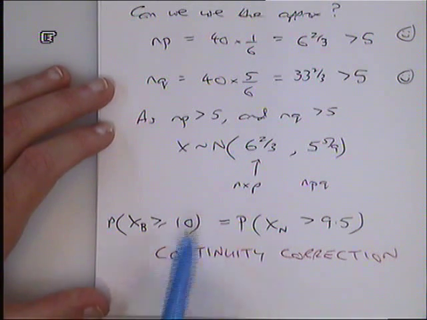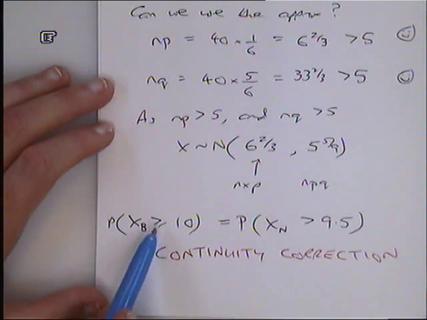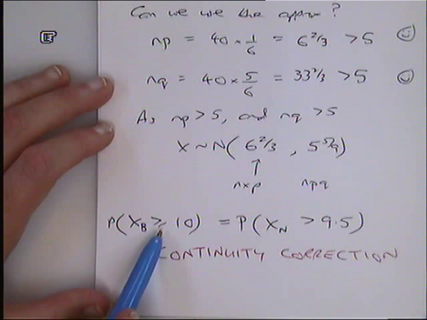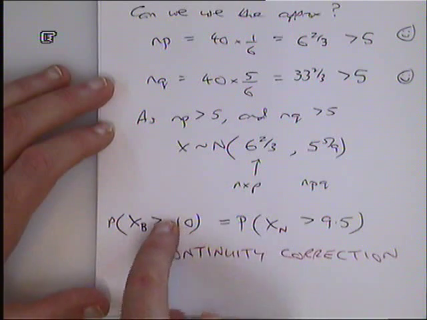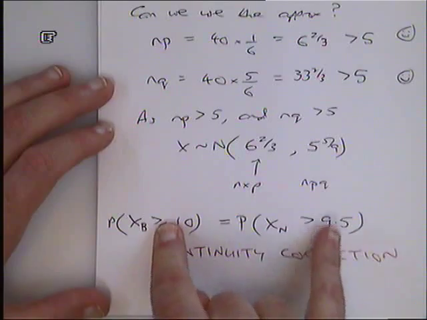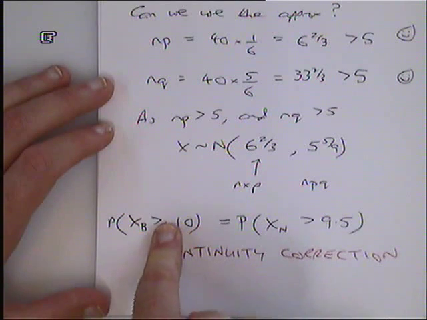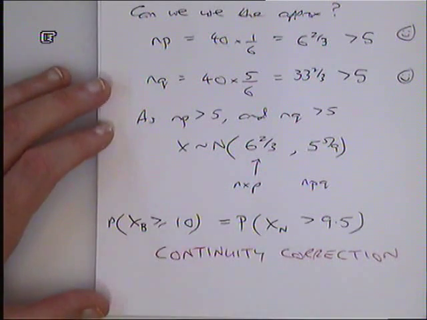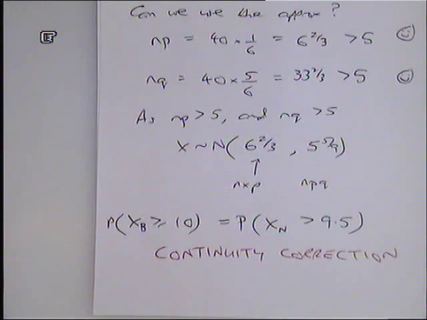And it depends very much whether there's an extra line on this bar here, because this was discrete. That extra bar on the inequality meant something in the discrete land. If that had been X is greater than 10, what would we have written down over here? 10.5, because 10 could not have been included. So you've got to be really careful when you use this continuity correction that you get it right.